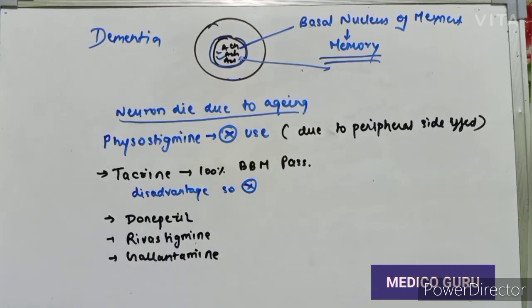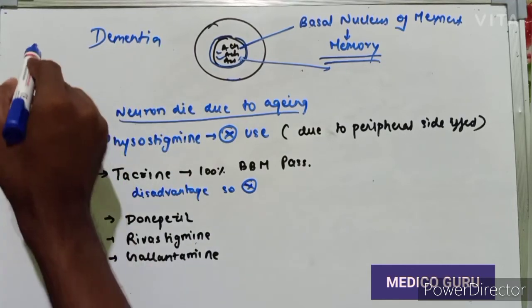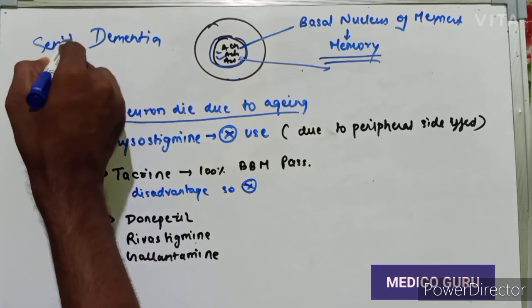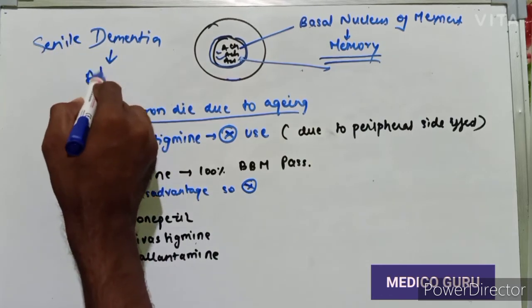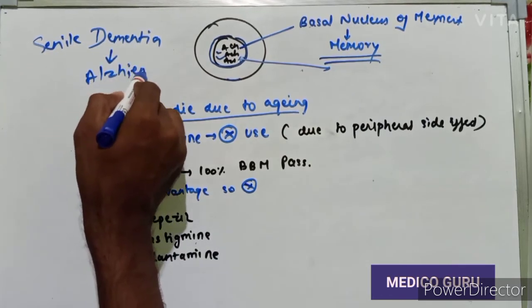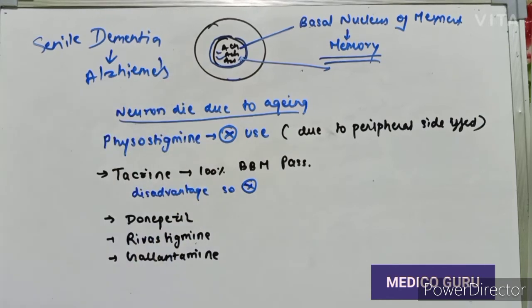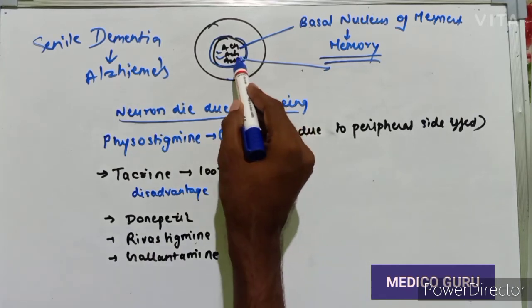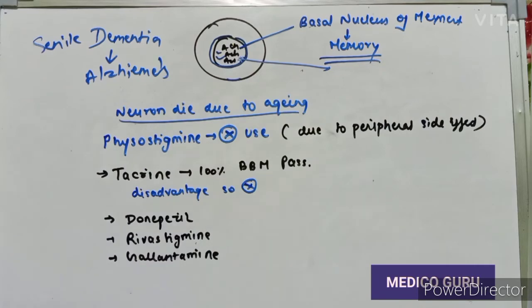These are age related disorders. This is senile dementia, and we call it Alzheimer's disease. In Alzheimer's disease, memory loss occurs, so we have to increase acetylcholine. How can we increase acetylcholine?